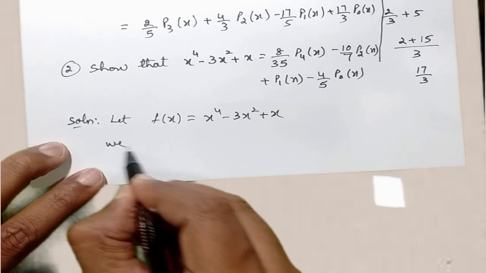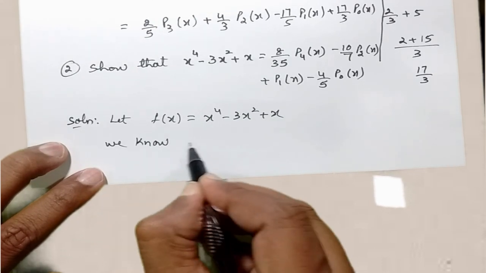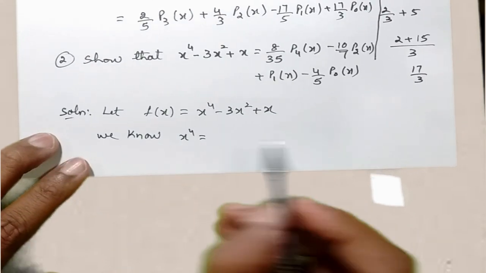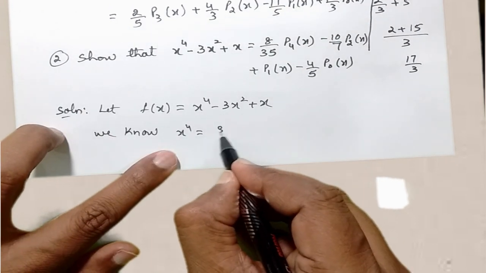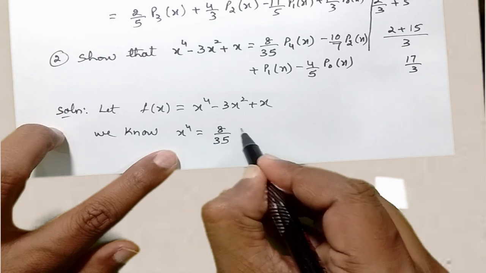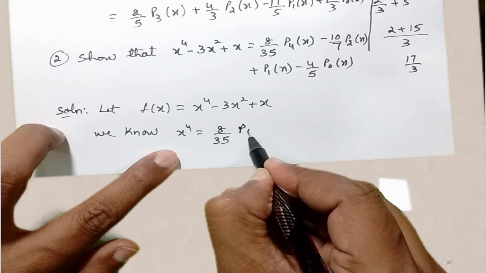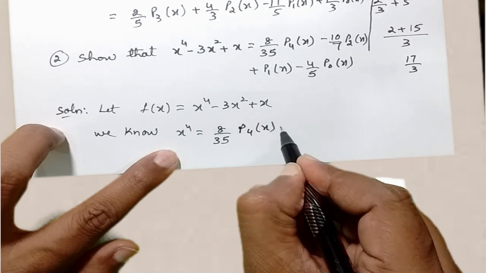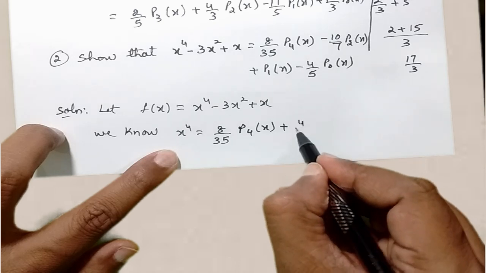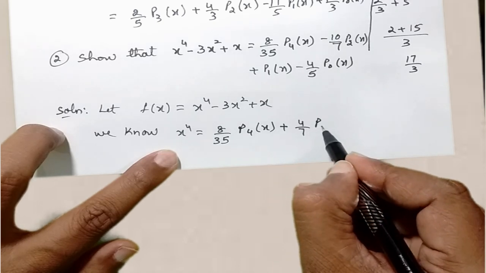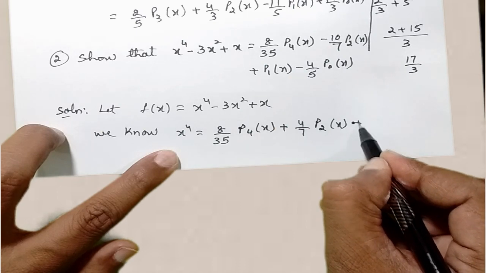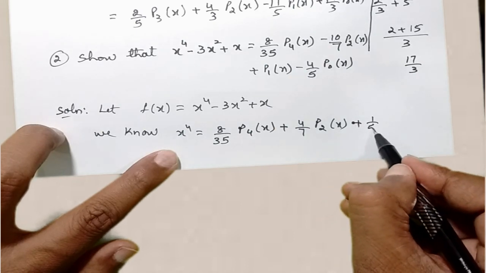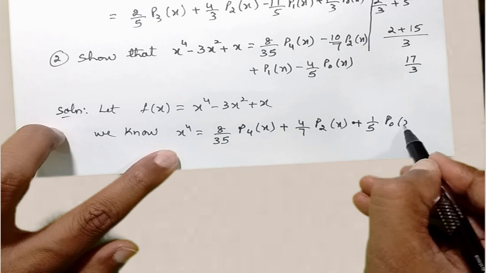We know this value of x power of 4, or you can calculate it separately. So I've got the value of x power of 4. What is the value of x power of 4? We have 8 by 35 P4 of x plus 4 by 7 P2 of x plus 1 by 5 into P0 of x.